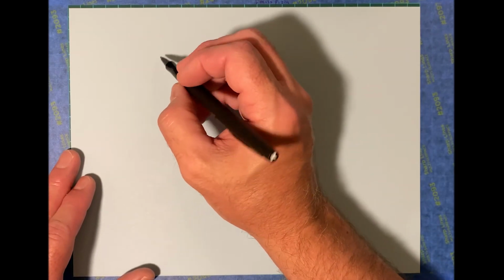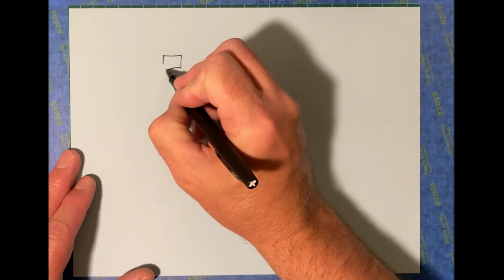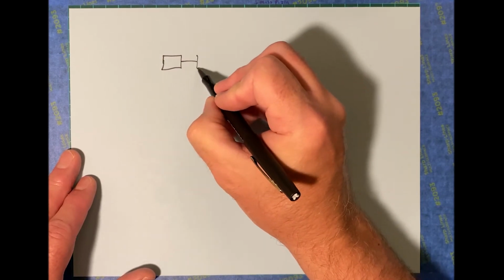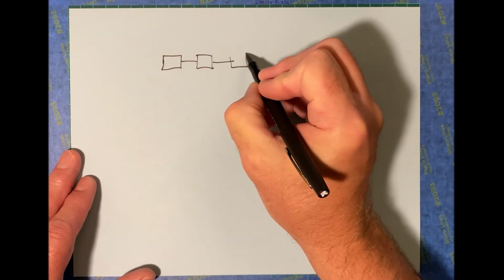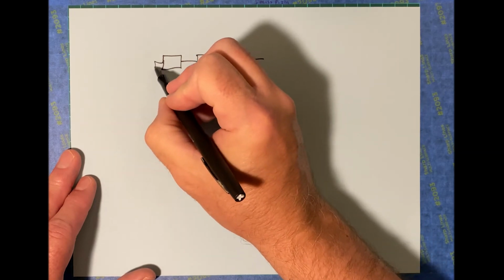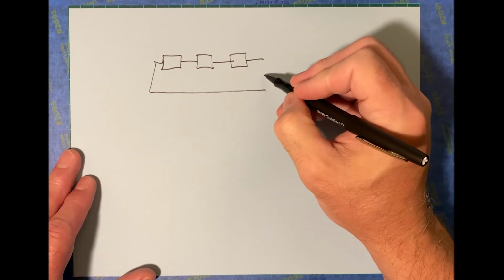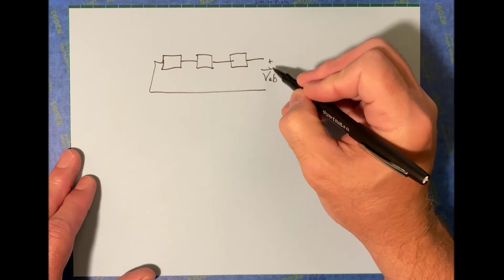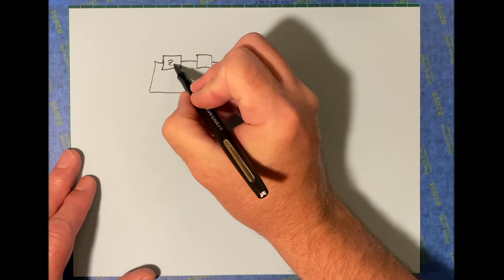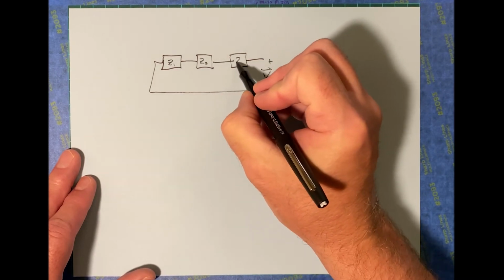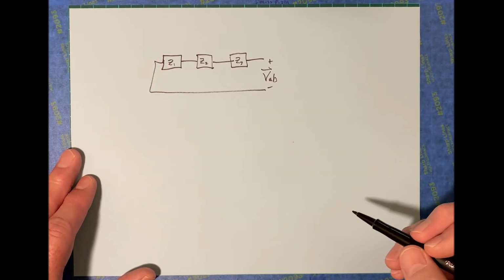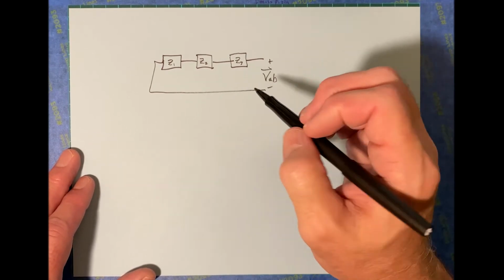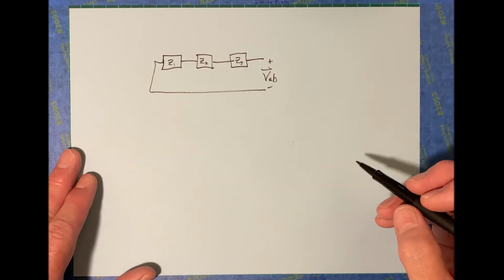Okay, so let's generate some very simple type of problem. Let's say that I have some impedance 1, some impedance 2, some impedance 3, and then we'll put some voltage AB across this. So this is Z1, this is Z2, this is Z3. Okay, and we're already in the frequency domain here.